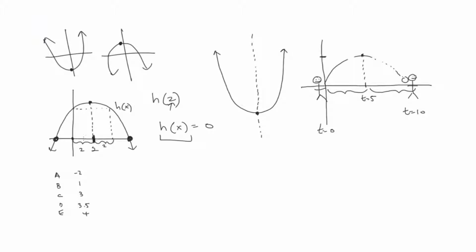So if this is 0, and that's 2 on the x-axis, this must be 4. So this point out here has to be something greater than 4. So we definitely know that's not the answer choice we're looking for. Vice versa, this number has to be less than 0. And so the only answer choice that works would be A, which would be -2, because 1, 3, 3.5, and 4 would be somewhere within this range.